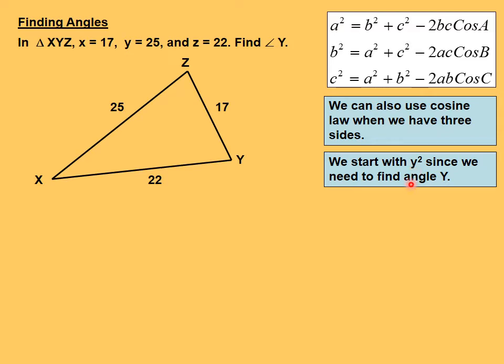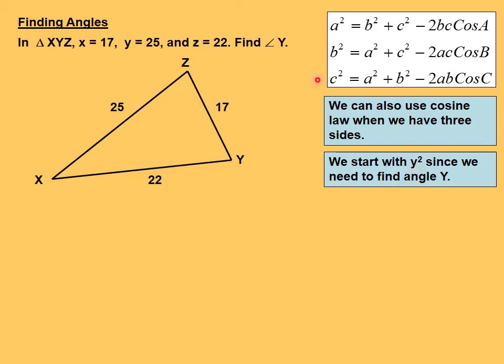Okay, so here we write the formula. And as I was saying at the beginning, we're going to start with y squared because they're asking us to find angle y. So let's imagine it again just before we write it down, because this is the hardest part, that you would have to predict how to write the formula properly. So let's see if you've got it.